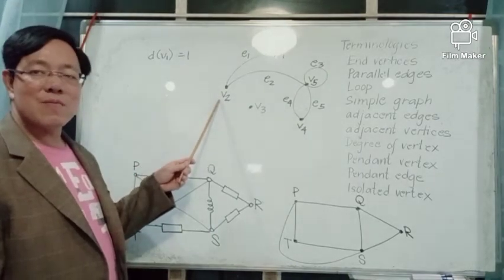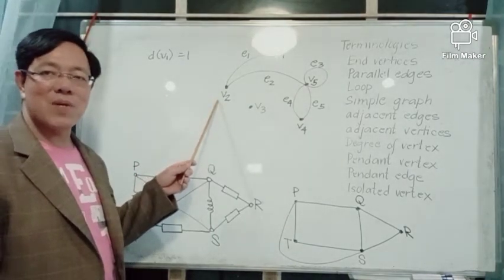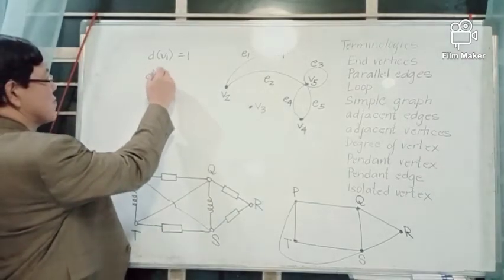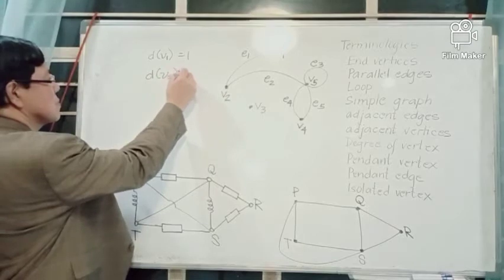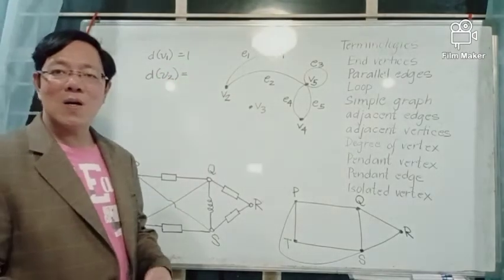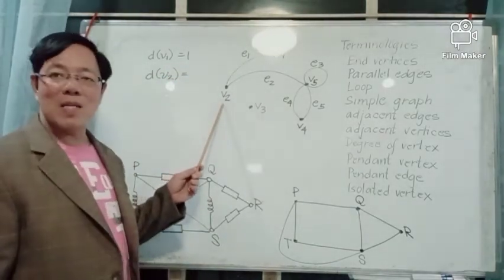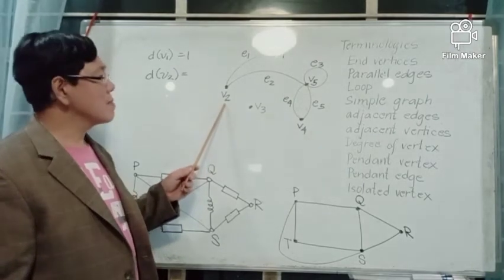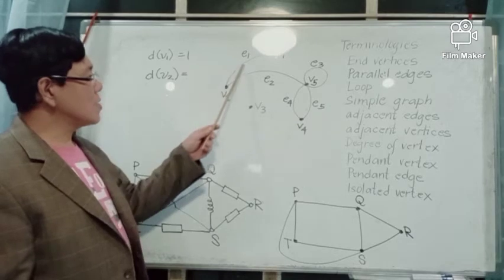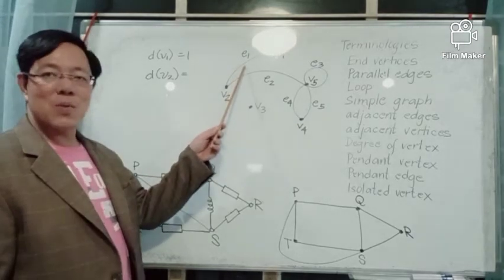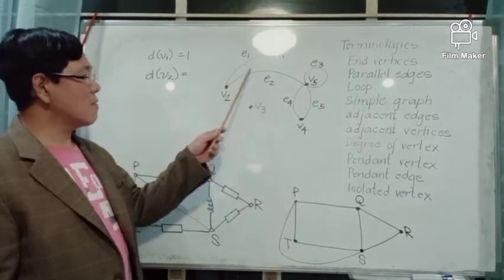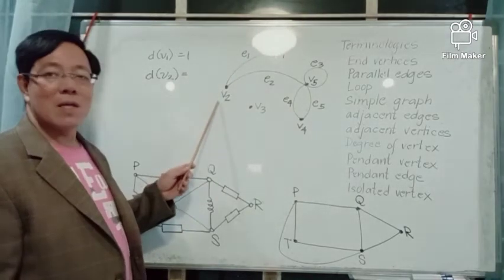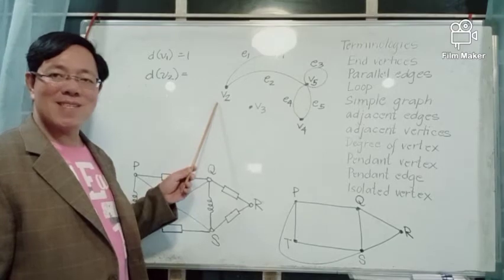Consider vertex B2. What is the degree of vertex B2, denoted by D of B2? The degree of vertex B2 is the number of edges with B2 as an end vertex. And there are two edges, edge E1 and edge E2, that have B2 as an end vertex. Therefore, the degree of vertex B2 is 2.